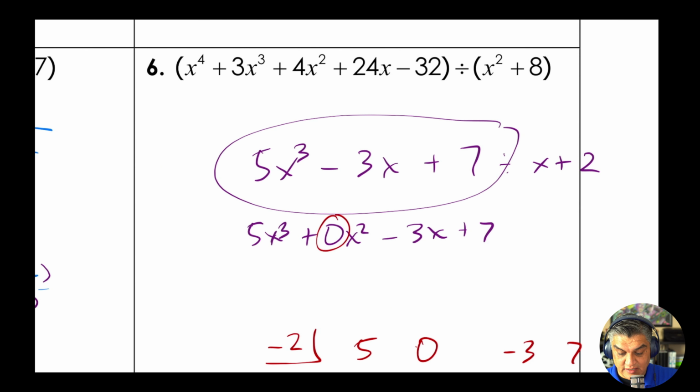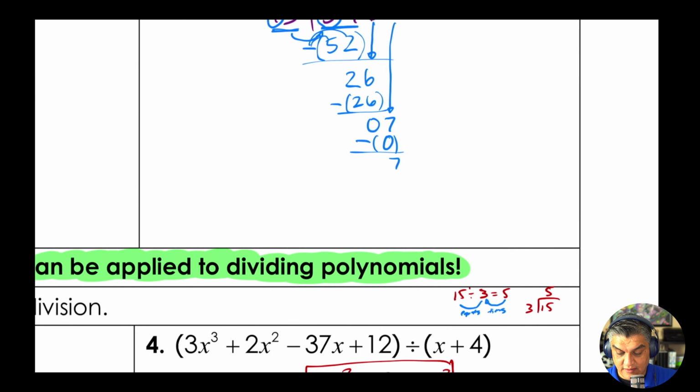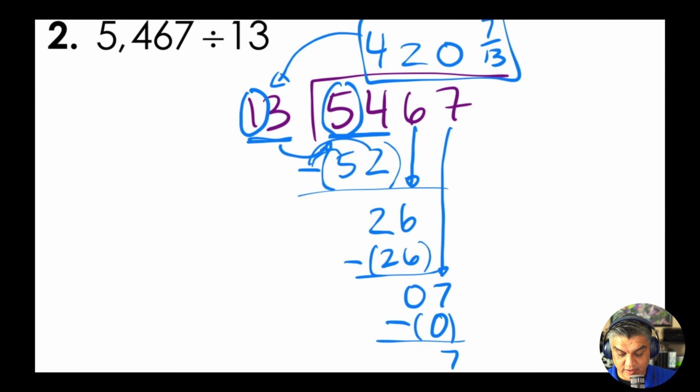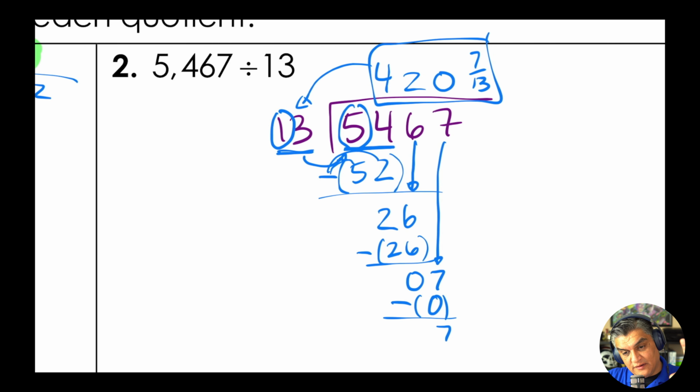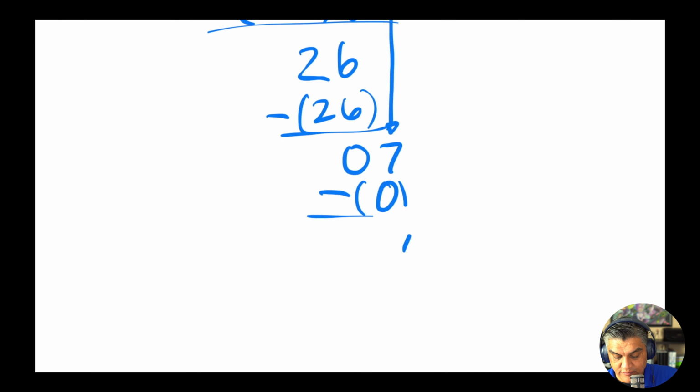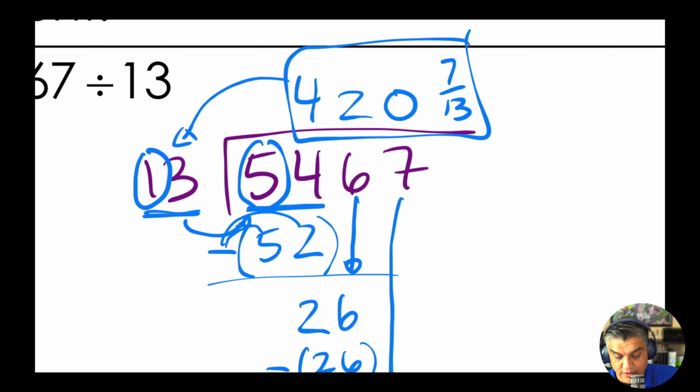Let's look at what we did over here. We had a remainder. Let's look at our numbers. When you don't know how to do a difficult problem, look at the real simple ones and see what you did there, and then do the same thing with the difficult problem. So this is our easy problem. This is the one with numbers. And if you remember, we had a remainder of 7 here, and we didn't put R7.